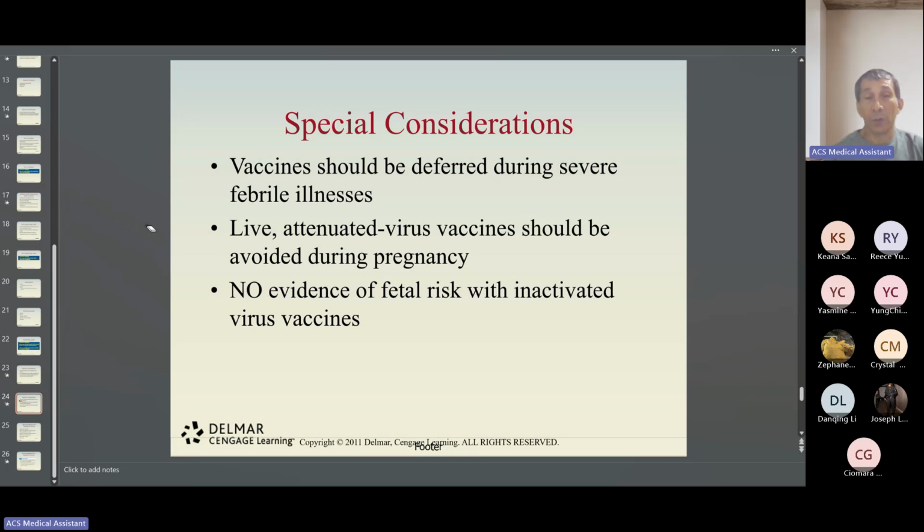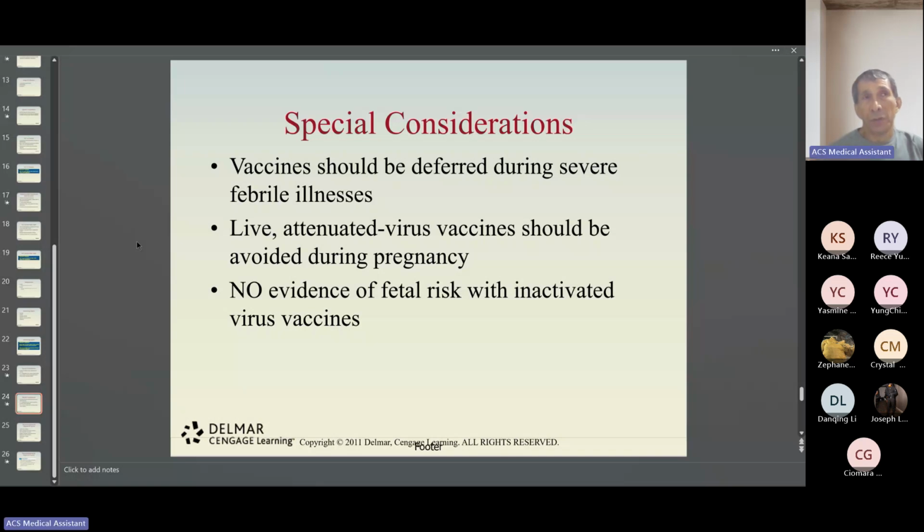If you have fever, we don't give you the vaccine. After giving the vaccine, the child or the person may develop mild fever, yes, that's one of the side effects. That's not what we're talking about. We're talking about the child or the person having fever prior to giving the medication. The vaccine should not be given. That is basically what we're talking about.